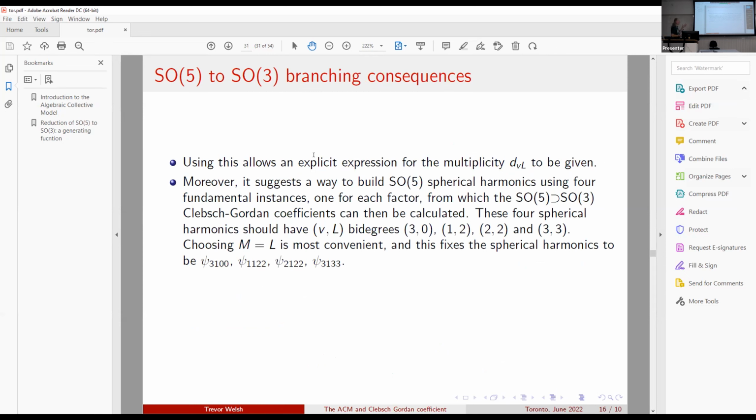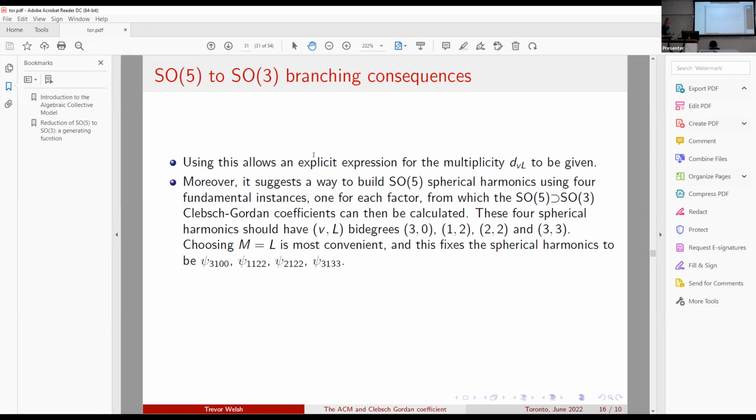So this is the idea. We build up all spherical harmonics from these 4 cases, having these what I've called bidegrees here, and choosing m equals L for the magnetic quantum number is most convenient, because then we just have to deal with the highest weight components. And this fixes the 4 spherical harmonics to be these cases. These cases are already well known.